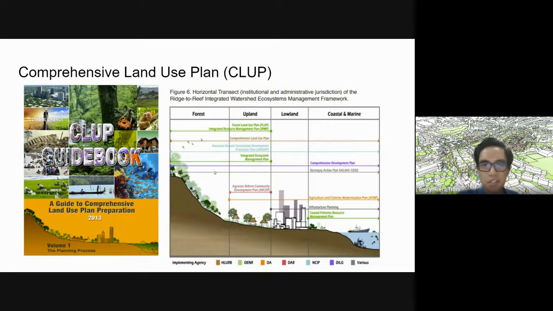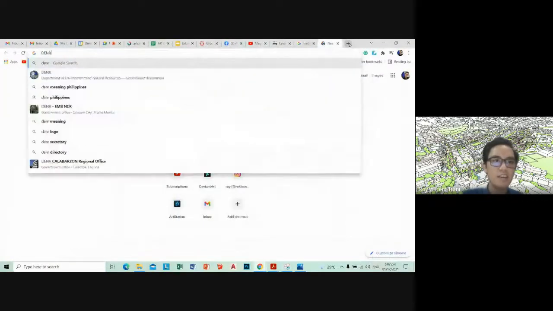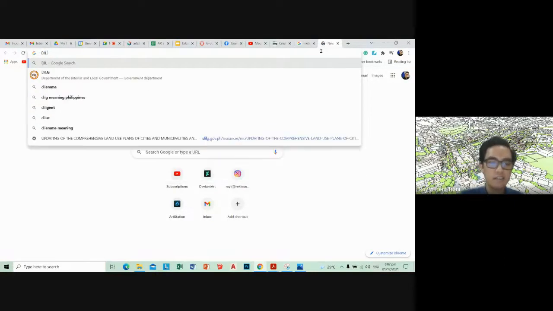Focusing on forestry and the management of our natural forests, you have the forest land use plan, which will be prepared by the DENR, Department of Environment and Natural Resources, and then DILG is the Department of Interior and Local Government.